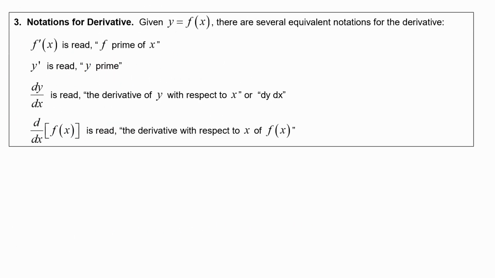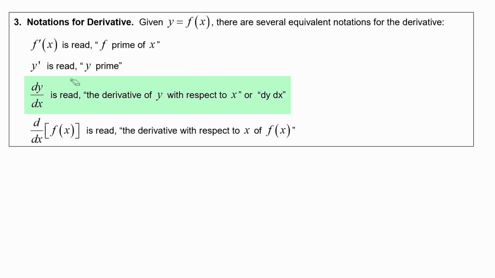Next up, we talk about different notations for derivative. Given y equals f of x, there are several equivalent notations for the derivative. We've already talked about this first one, which is read f prime of x. This notation is read y prime.